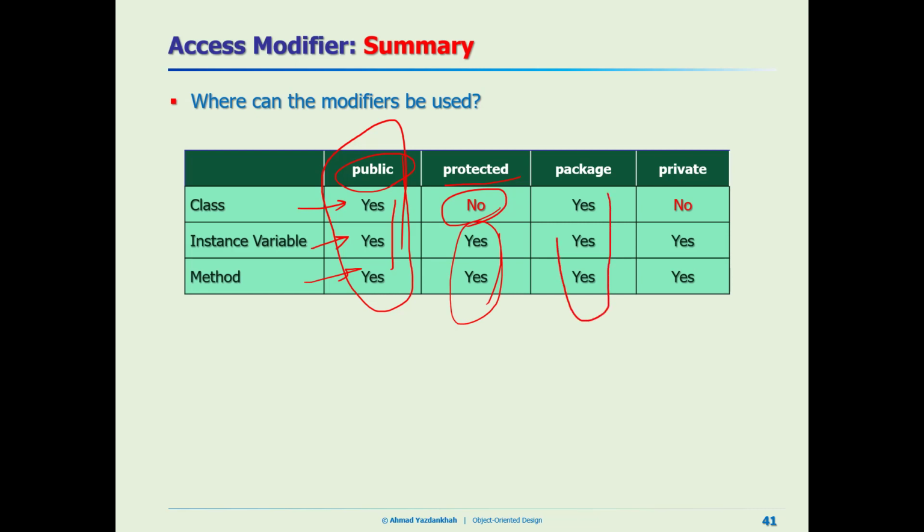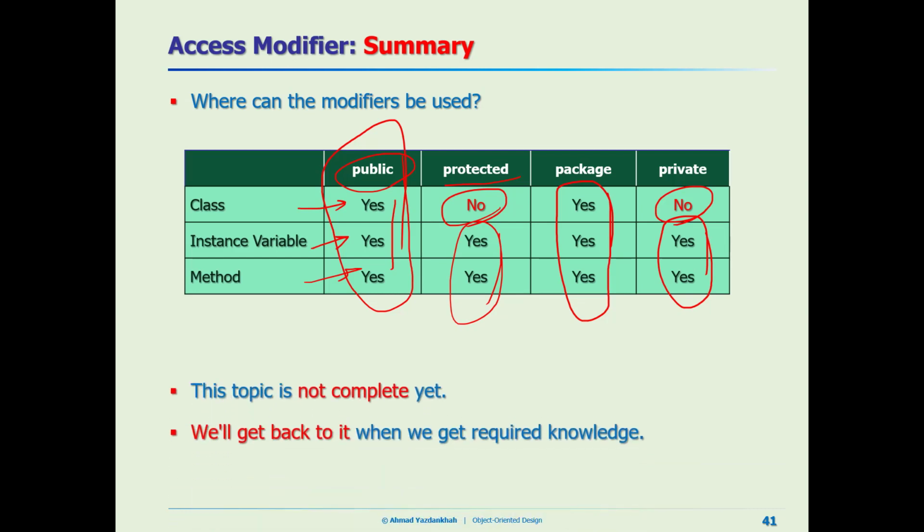Package, it looks like the public, it can be put everywhere. And private, no for the classes, but yes for the method and instance variable. So this topic is not complete yet. We will get back to this later, all right? So when we have enough knowledge to talk about that, we will get back and finish this topic.